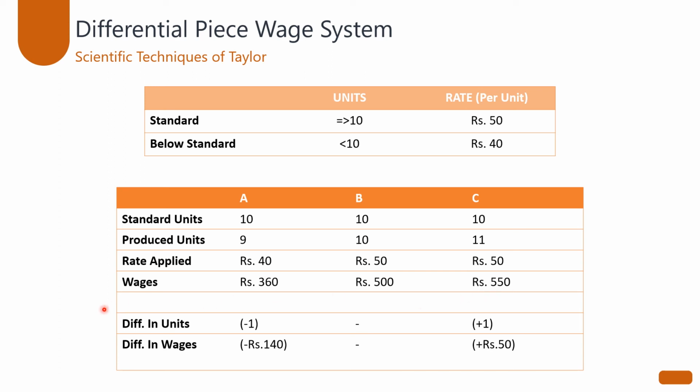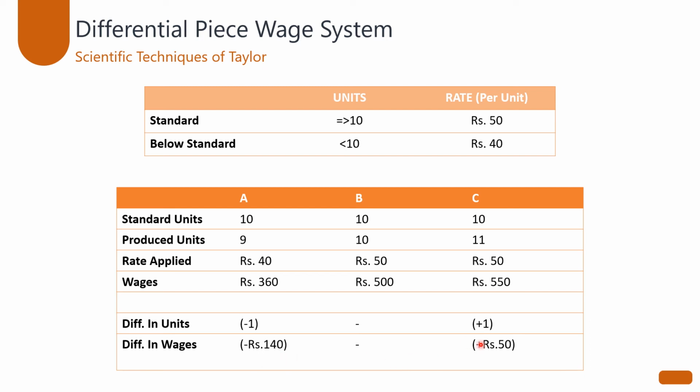So let us see the difference. A produced 1 unit less than the standard, and C produced 1 unit more than the standard unit. So see the difference in the wage rate. If this person has produced 1 unit less, the difference in the wages from the standard wages is rupees 140.